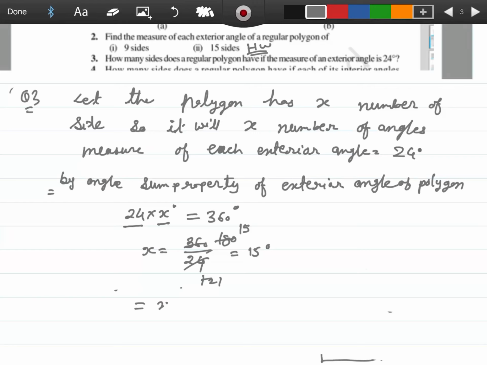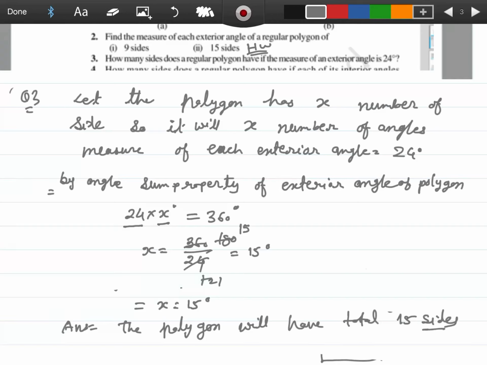So there will be 15 total angles. The polygon will have a total of 15 sides.